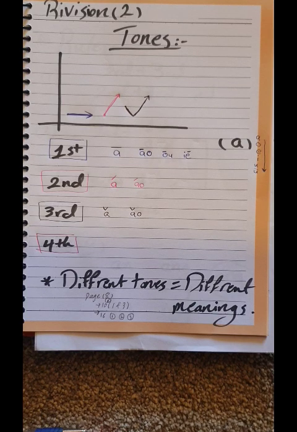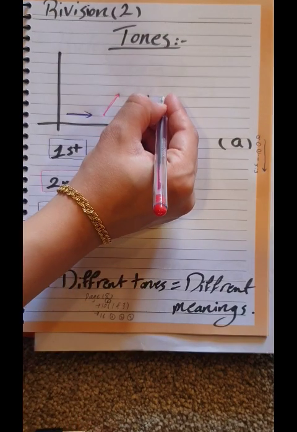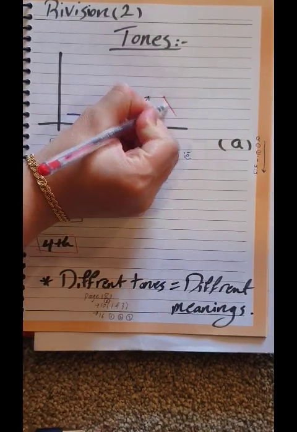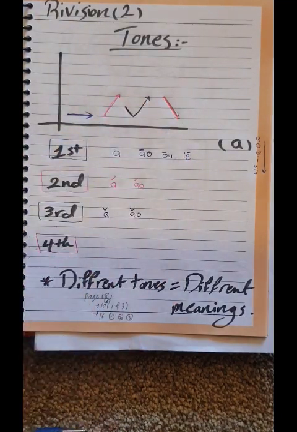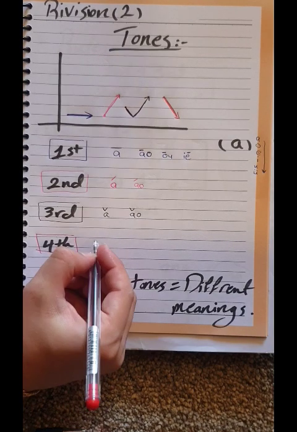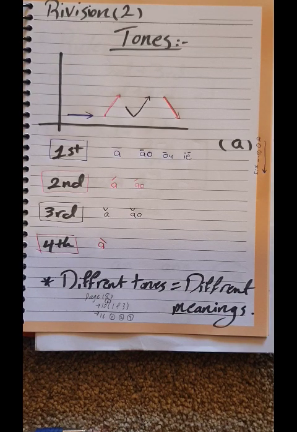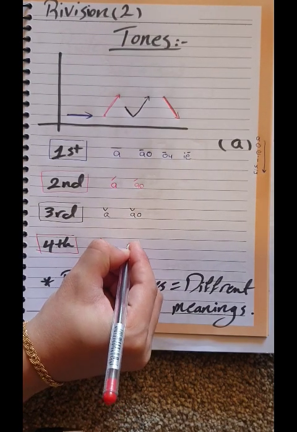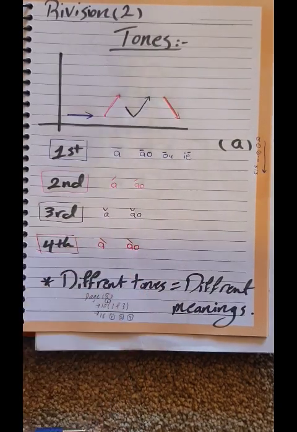So you go from up to down to up. Then we're gonna go to the fourth one in red, which is the fourth tone. You go from up, then you go down with your voice. It's like you're cutting your voice. So it's gonna be à, ò, ào. So you're cutting your voice.